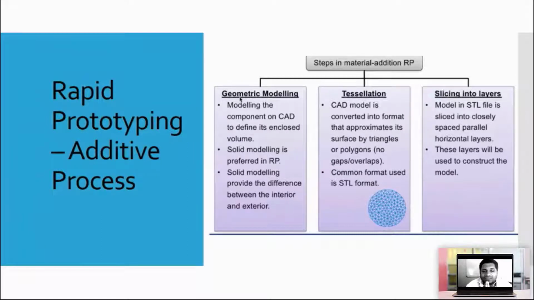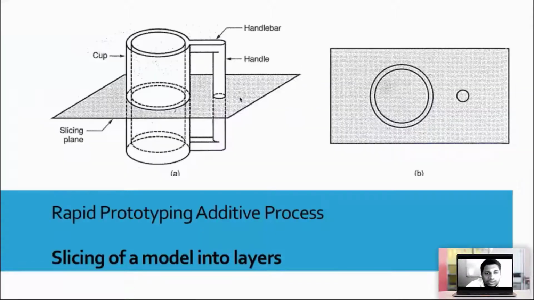That STL file is a file built by a program that converts my CAD model into layers. That model with layers is then 3D printed. Slicing is very important to create parallel and horizontal layers so that we can create our model. Here is one example of creating a lot of layers to create our model.